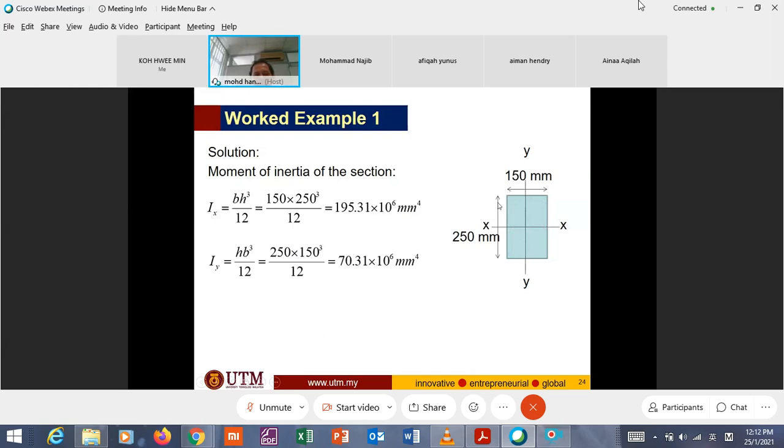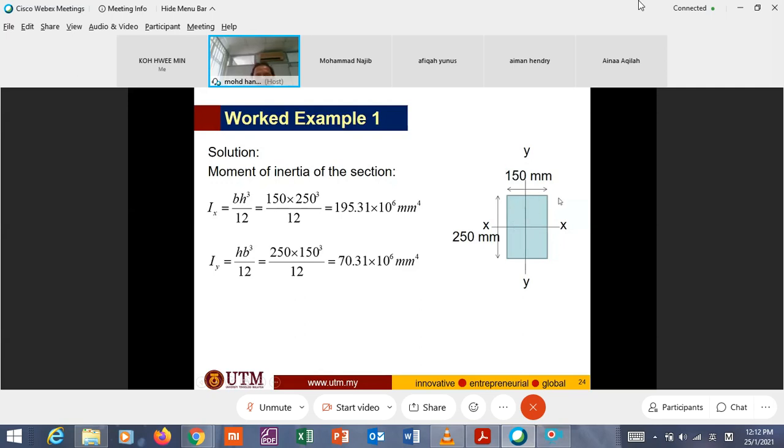If you remember the definition of I, this is the formula of I. What is the definition of I? I describes the bending behavior or the bending strength of a section or member.